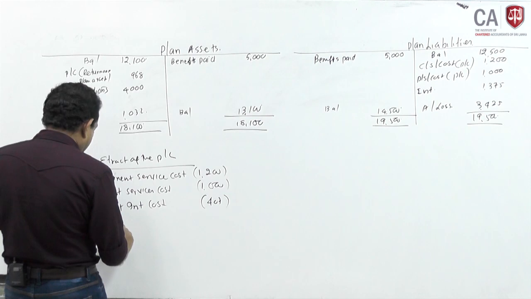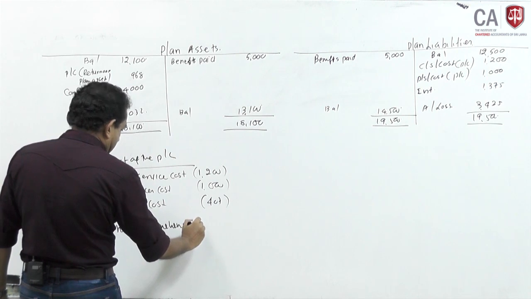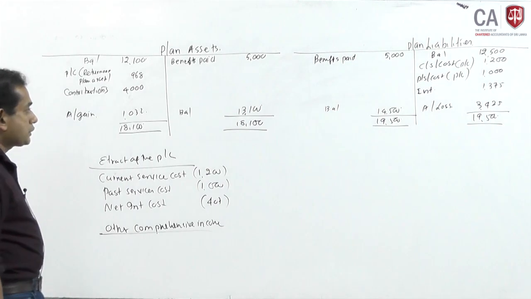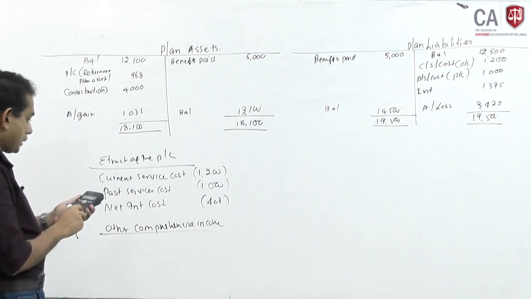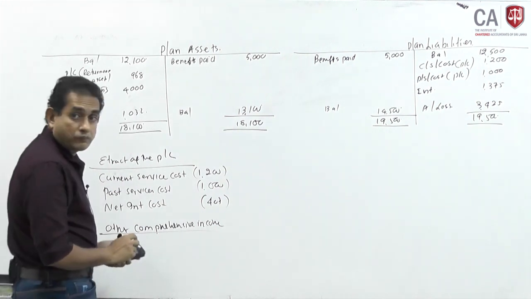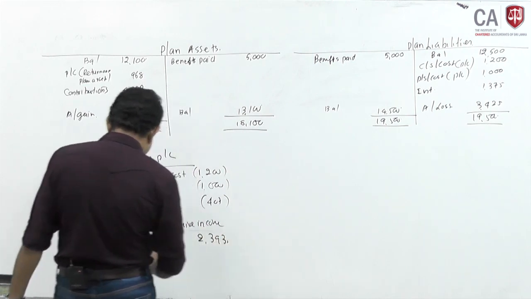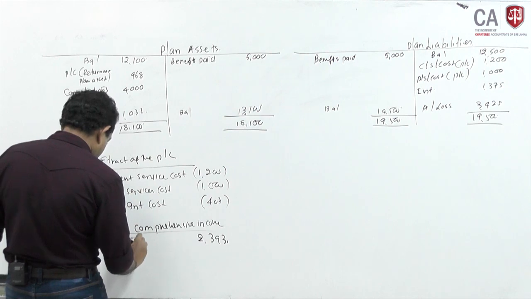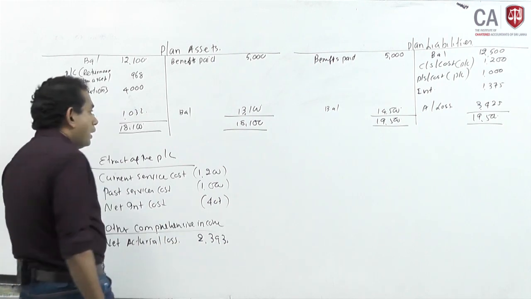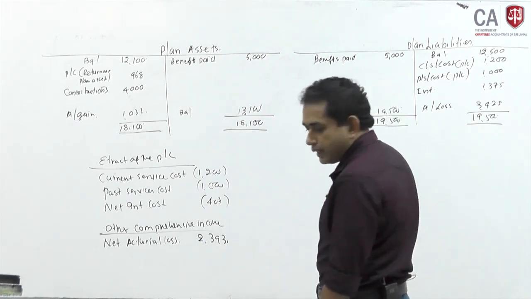Other comprehensive income. So, the net actuarial gains and losses are recognized in other comprehensive income, 3,425 minus 1,032. It has to be 2,393, net actuarial loss. Then in the balance sheet, we will recognize the defined benefit liability.